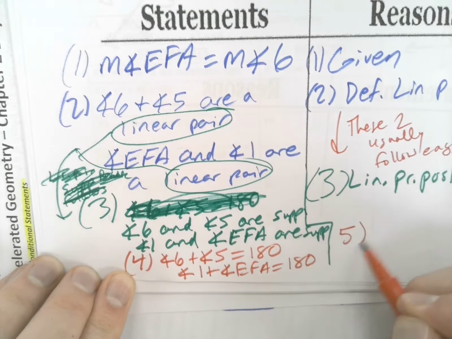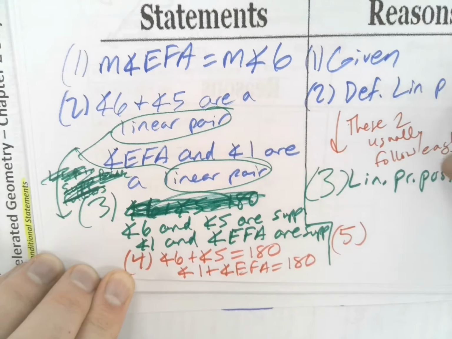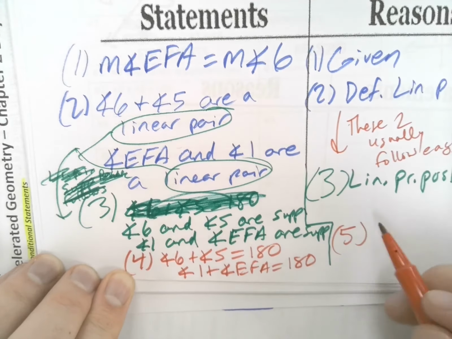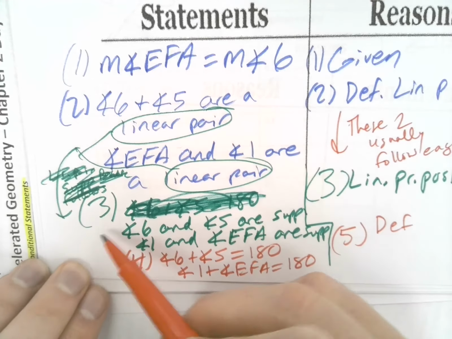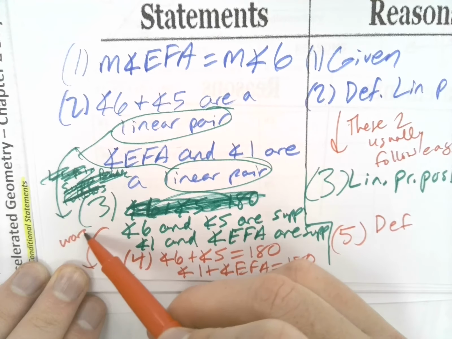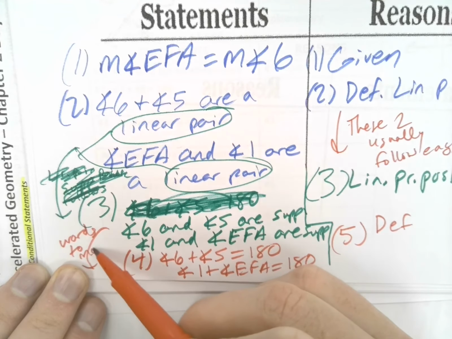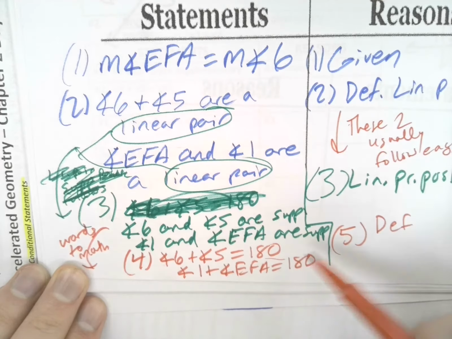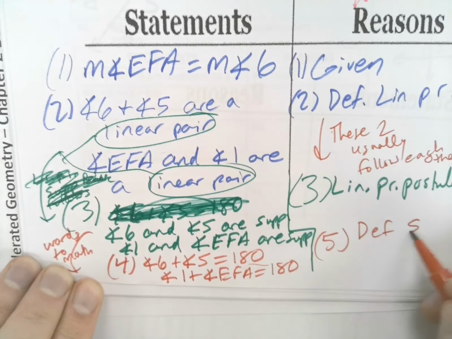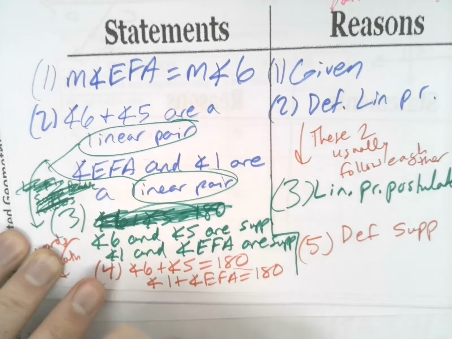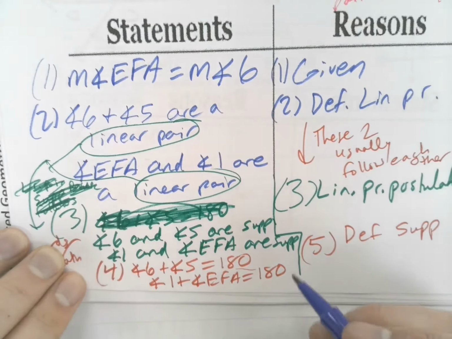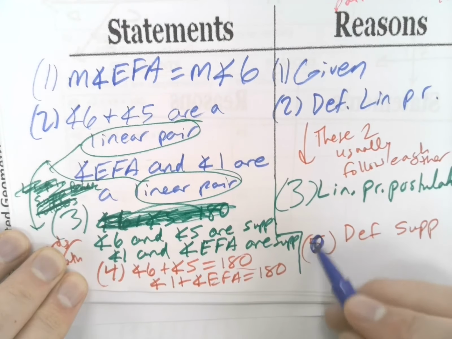And what's that going to be based off of? Well, if we've talked about linear pairs and now we're talking about supplementary, that's straight up based off of, we're going words to math. Keep that in mind. Words to math. We know that is definition of supplementary. And finally, again, I apologize for running out of room here. Why did I put 5 there? That's 4.